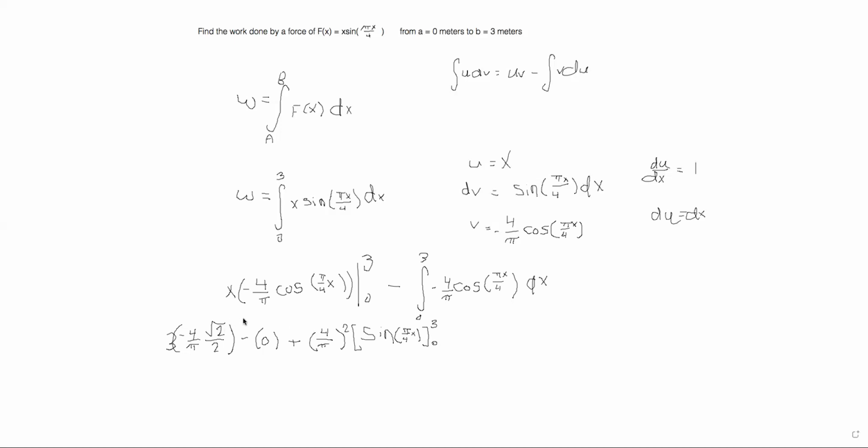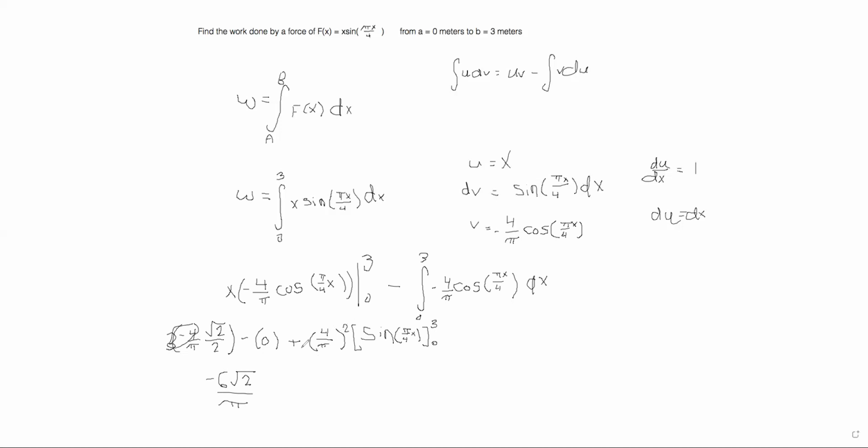So we can simplify things a little bit. For this part, we're going to have negative 12 over 2. So that's going to be -6. We have -6 square root of 2 over pi. And then we can simplify this next part as well.